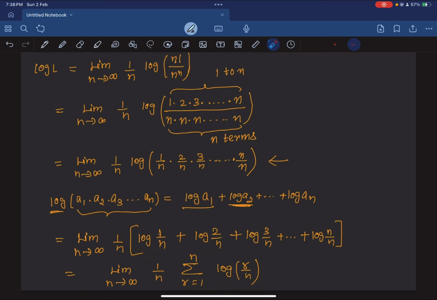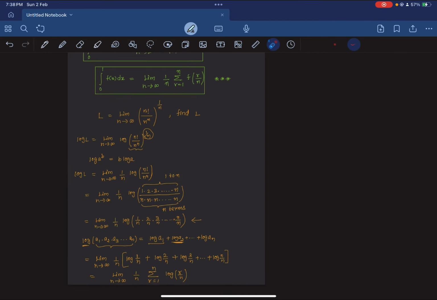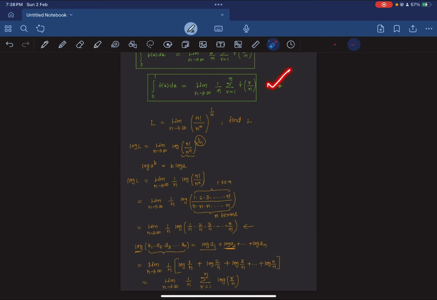All right. Now, if you compare this particular result we have and this thing, you have limit n tends to infinity here, similar thing here, 1 upon n, 1 upon n, sigma r runs from 1 to n, f of r upon n. So now let us say f of x is equal to log x. Then what is f of r upon n?